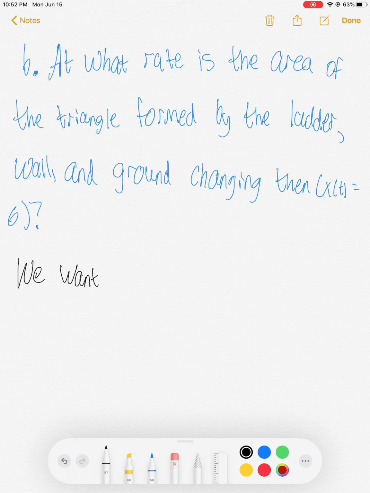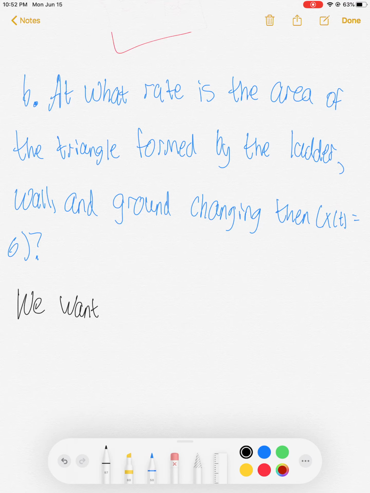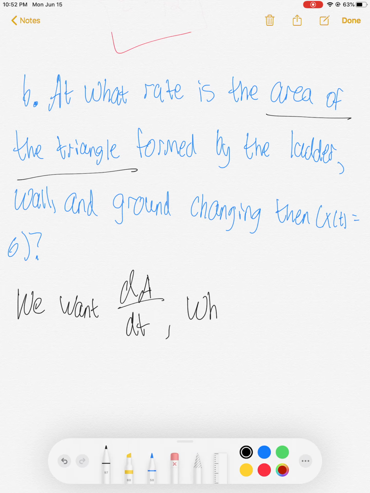Whenever they say "then" here, they mean when x of t equals 6. That's what they mean by "then" here. At what rate is the area of the triangle formed by the ladder, wall, and ground changing then?